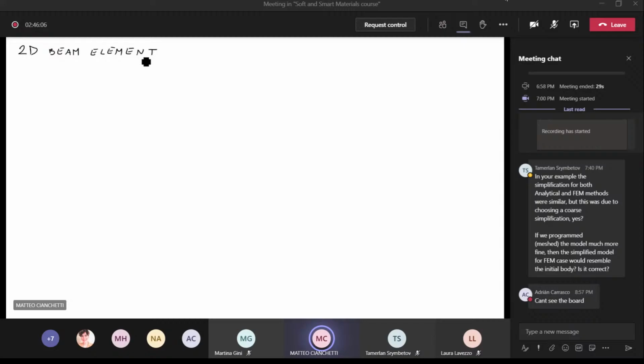Just let me first introduce the aim of this exercise. You may have noticed that actually in the computation of K, the element stiffness matrix, we applied this rule. I'm reading it because the definition is something that you have to take as it is. Then we will discuss the concepts.